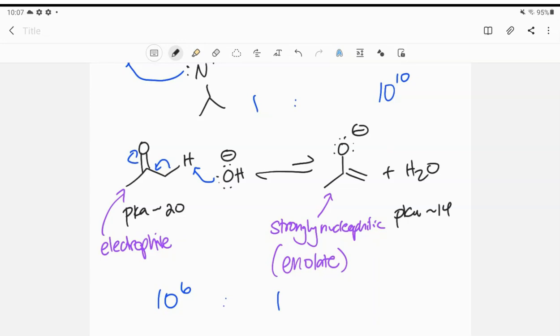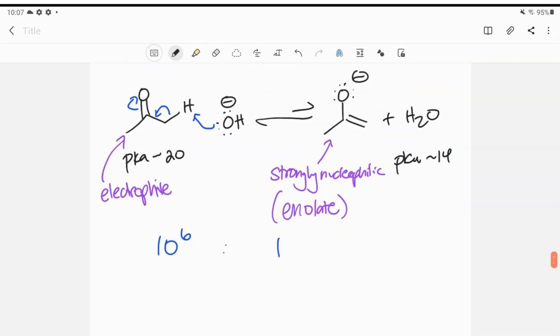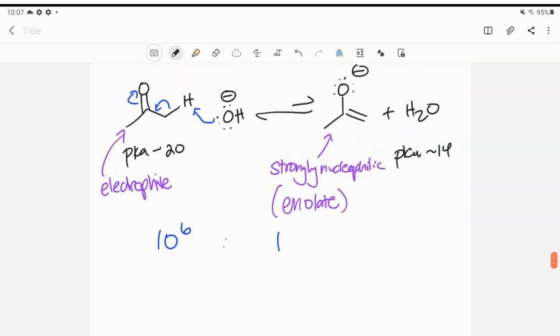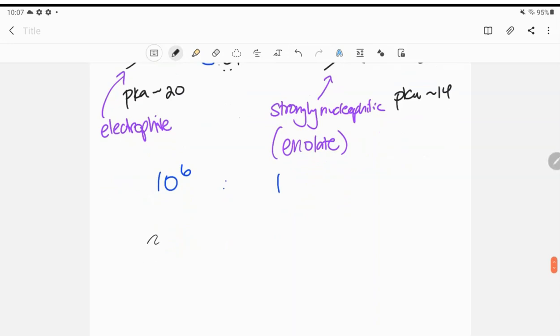In the meantime, though, we'll take a look. So these are enolates. All right, these are negatively charged things. We also have enols, which are different. We see that an enol exists in equilibrium.